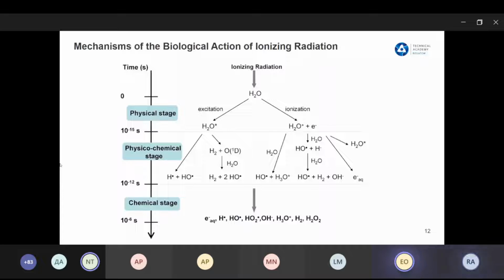Depending on the dose of ionizing radiation received, intracellular metabolism is disturbed to varying degrees, from small shifts with subsequent recovery to complete and persistent breakdown, leading to cell death.